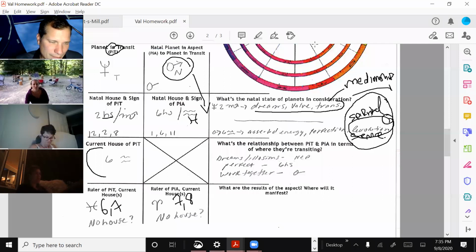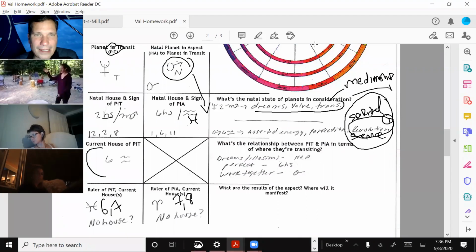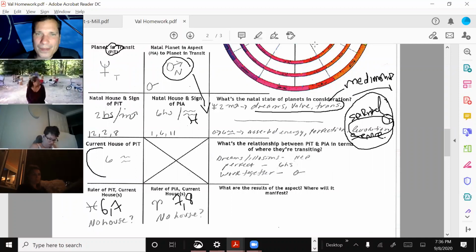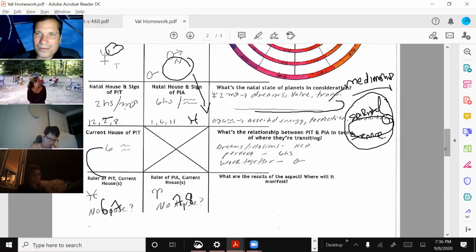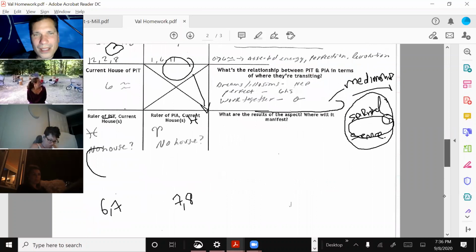When I look at the natal chart, where is Aries? Aries is between the 7th and 8th house. Exactly. You see that? Okay, that's the way you do it. Perfect, got it.